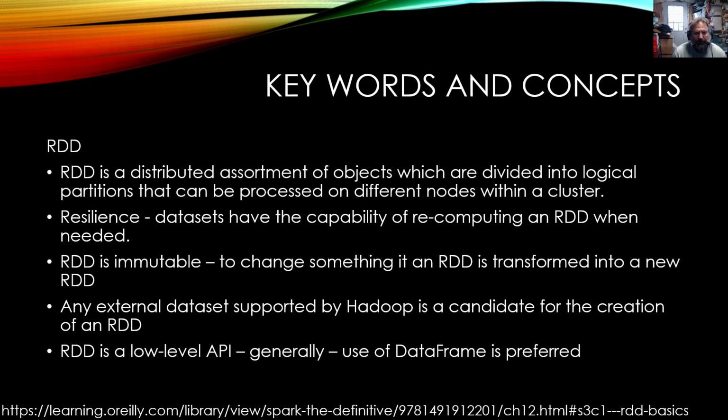It is resilient. That's the first bit of the RDD, right, is resilient. What that means is that if something bad happens, if something becomes disconnected, something goes away, gets sick, or dies, one of the other nodes in the cluster can pick up what the node that went away was doing without having to restart the entire processing.